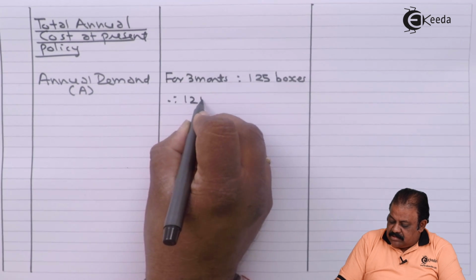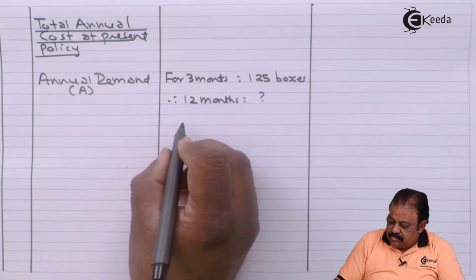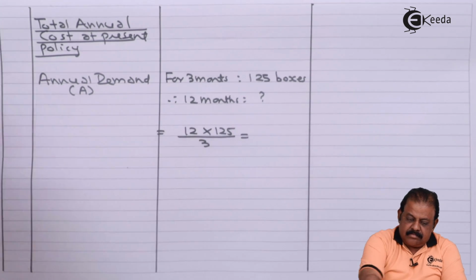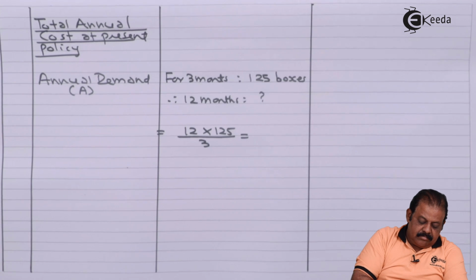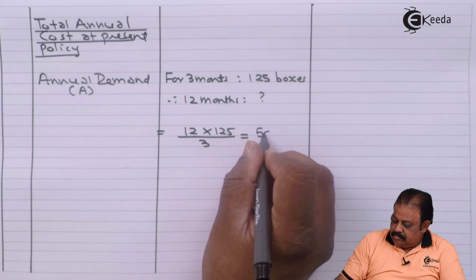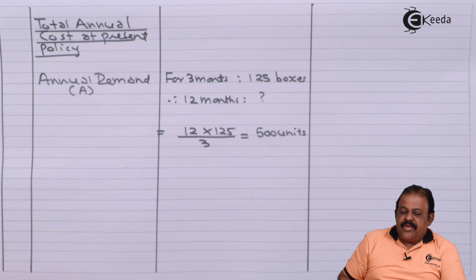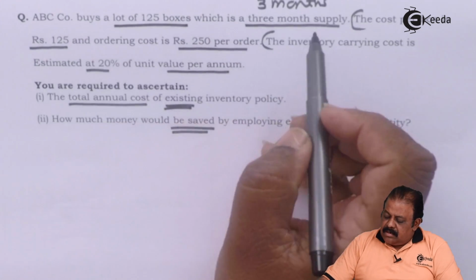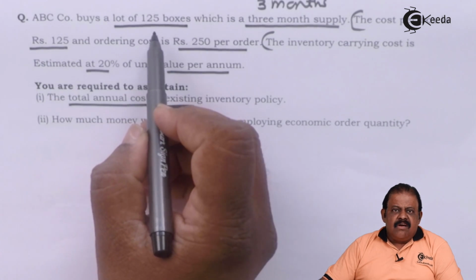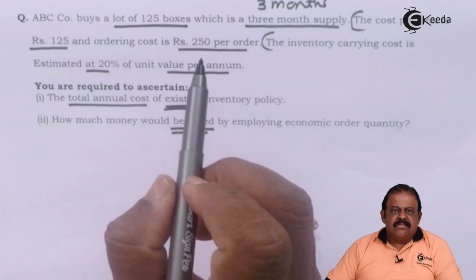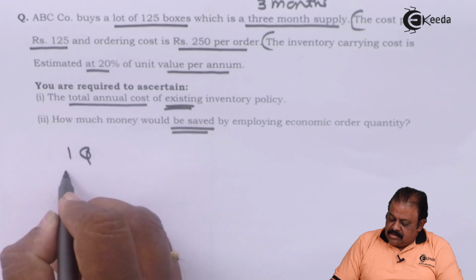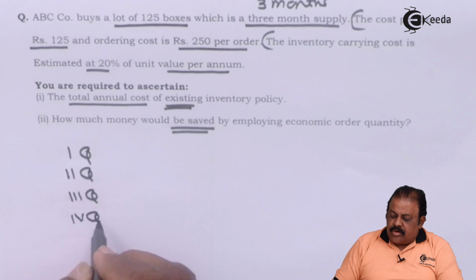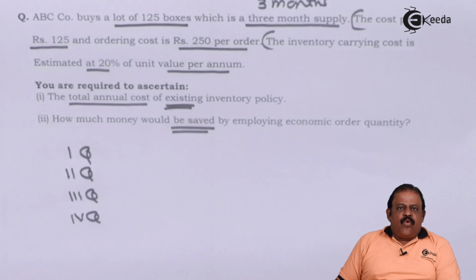Therefore, for 12 months, we got annual demand that is 500 units. In a year, material is ordered on quarterly basis. That means first quarter, second quarter, third quarter and fourth quarter. That means it is demanded 4 times.